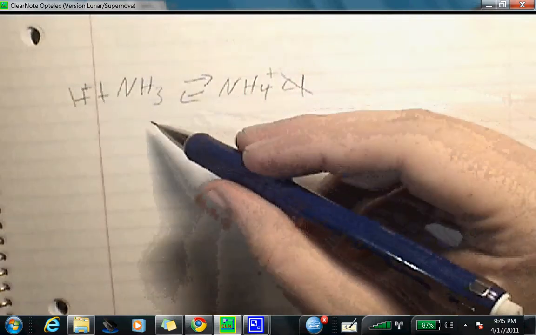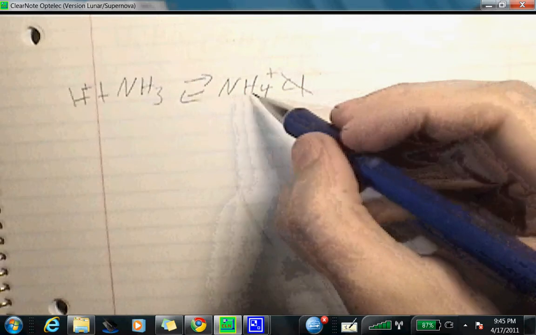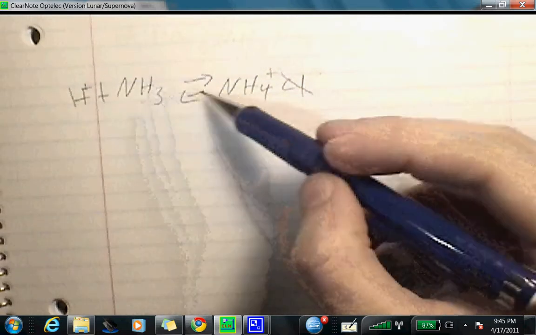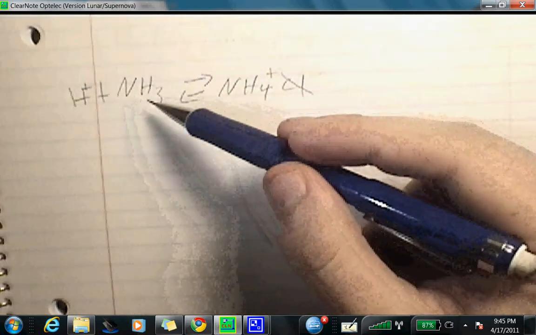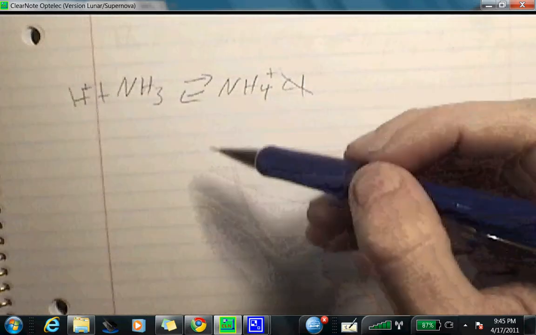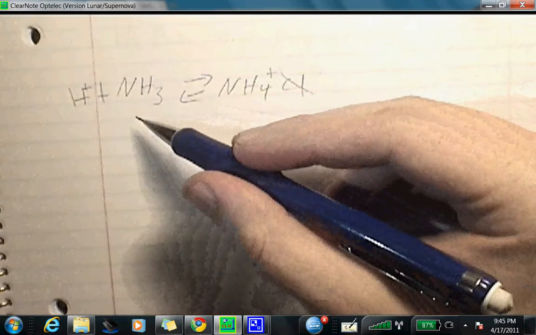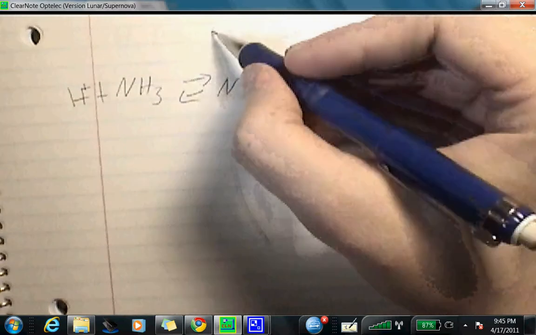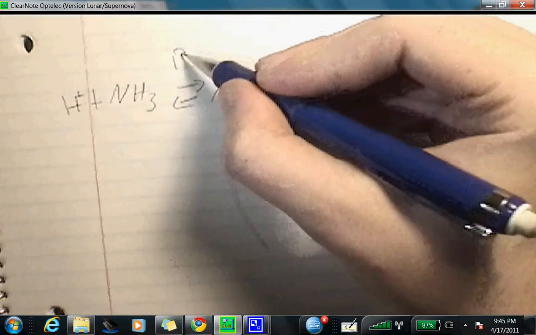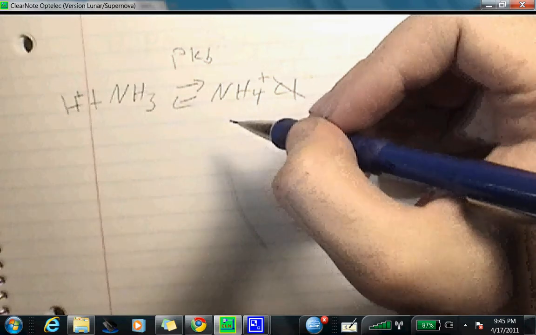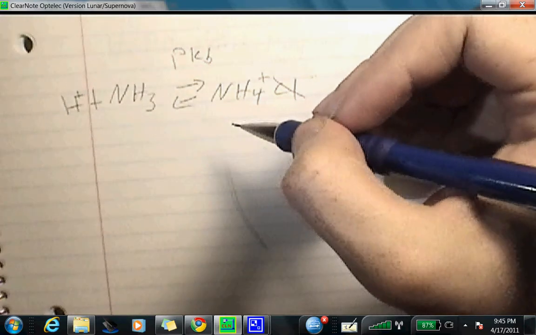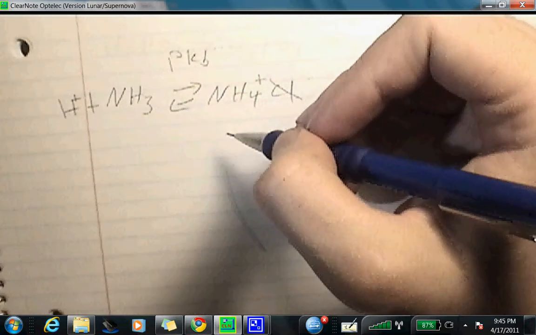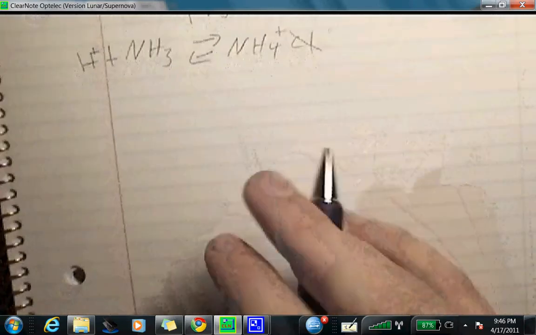So because this is making this, it's going this way. This is our base, this is our acid. Going this way is a pKa, but we have our pKb. And we're going to be going to our base form, so we're going to be adding on H's. So that's our roadmap, and that's how we kind of figure out what we're doing.